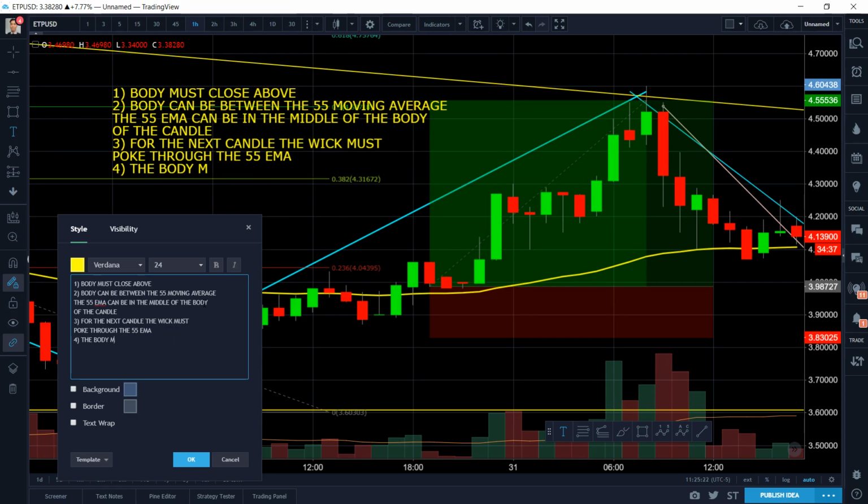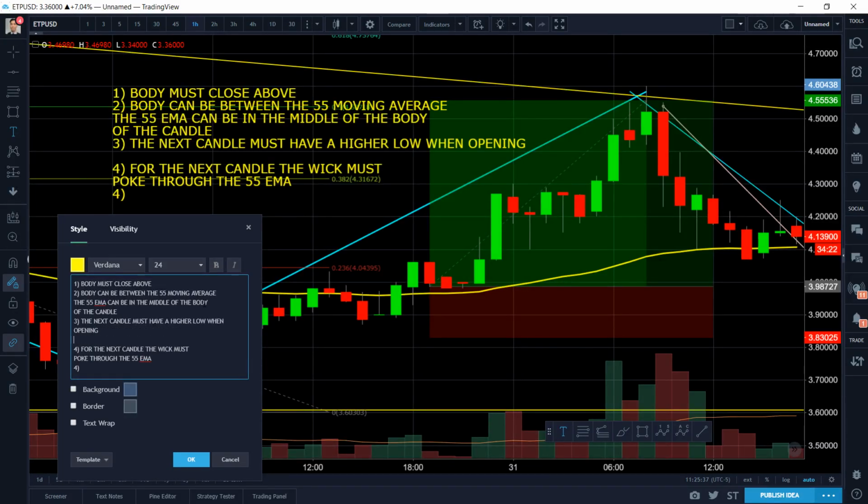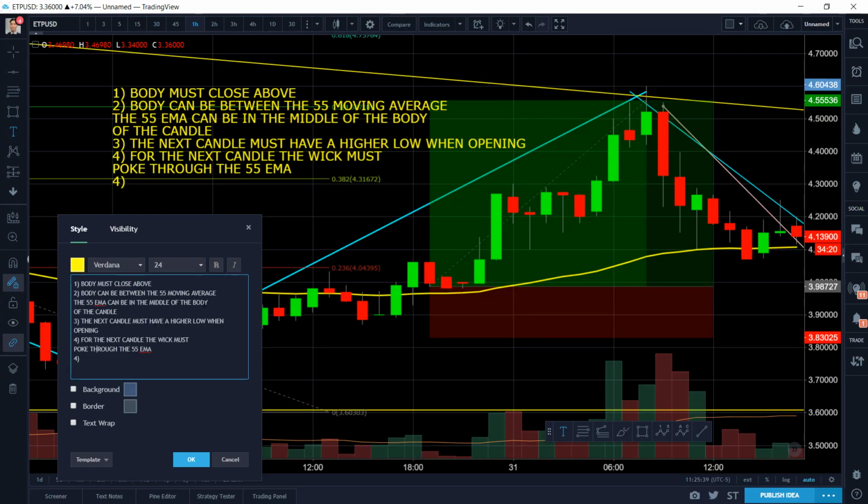Sorry, I'm not quite there yet, okay? Let's make this 4. And we'll have 3 in here, okay? The next candle must have a higher low when opening, okay? Now I have to have a wick that must poke through the 55 EMA.